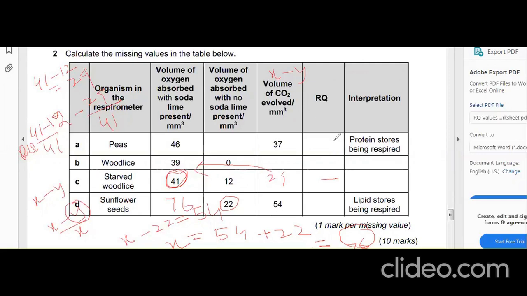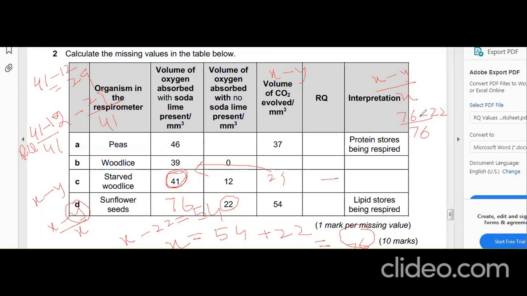Now if you are finding the RQ value, for RQ again, you have to use the same formula for the volume of oxygen: x minus y divided by x. The x value is already given to you, 76, so you put 76 here, minus y, which is 22. Am I clear?